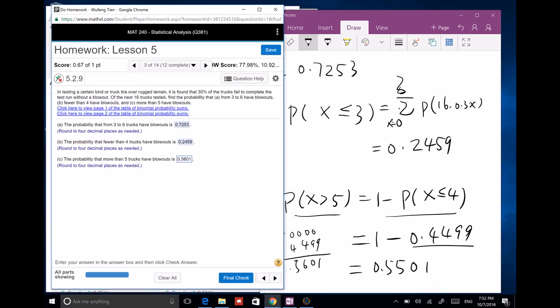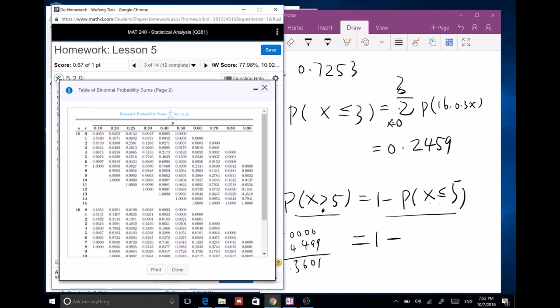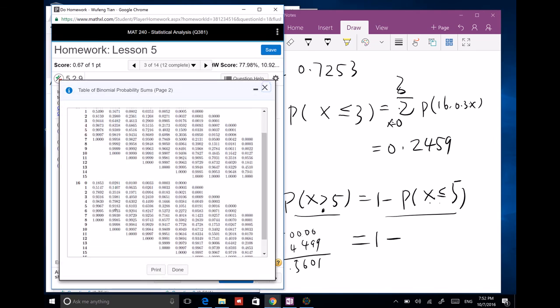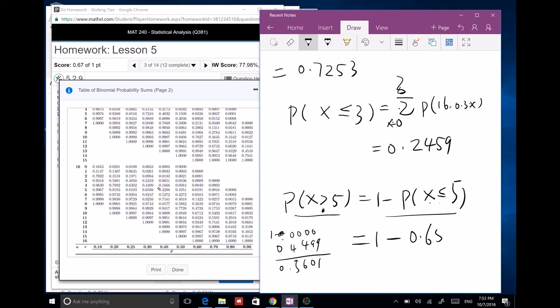It's more than 5 trucks, so it's bigger than 5, but bigger than 5 is 1 minus P(X less than or equal to 5). My bad. So bigger than 5, then it's less than or equal to 5. Okay, so there's a mistake here. And bigger than 5 is 1 minus 0.6598.